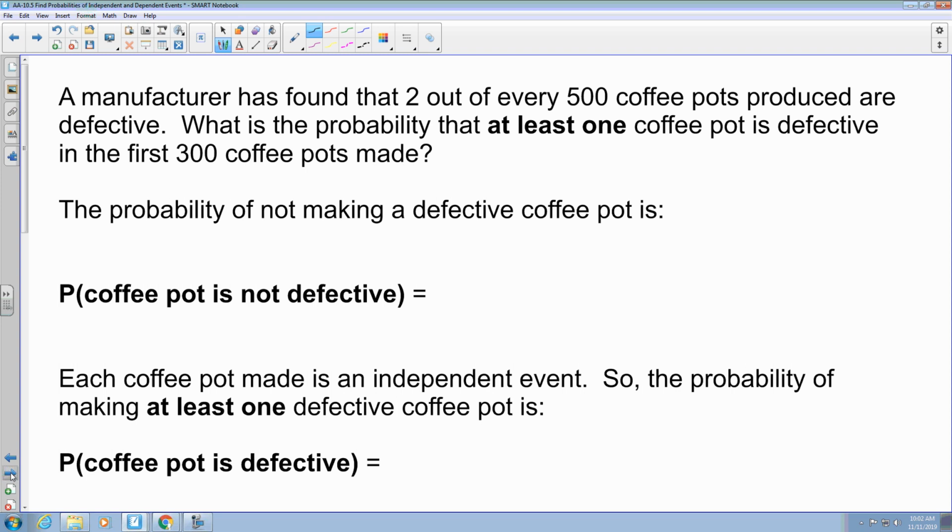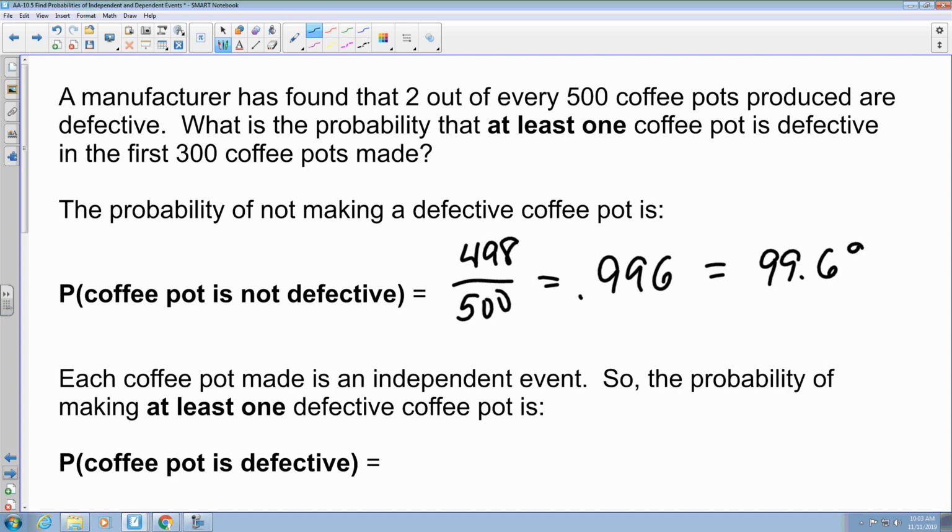In the grand scheme of things, 2 out of every 500 are defective, so not making a defective one is 498 out of 500, which equals 0.996, or about 99.6%. So there's a 99.6% chance that if you chose one out of 500, you would get a non-defective coffee pot.